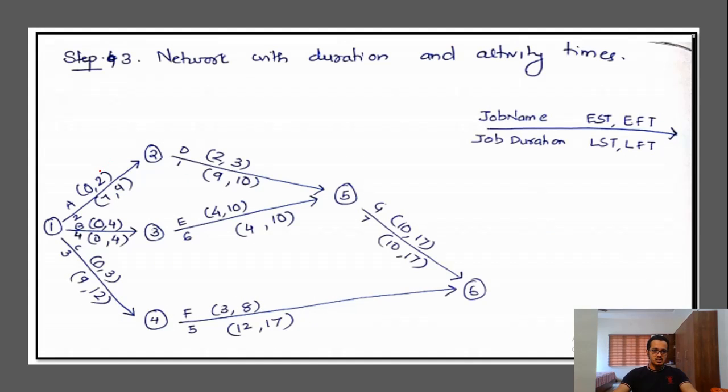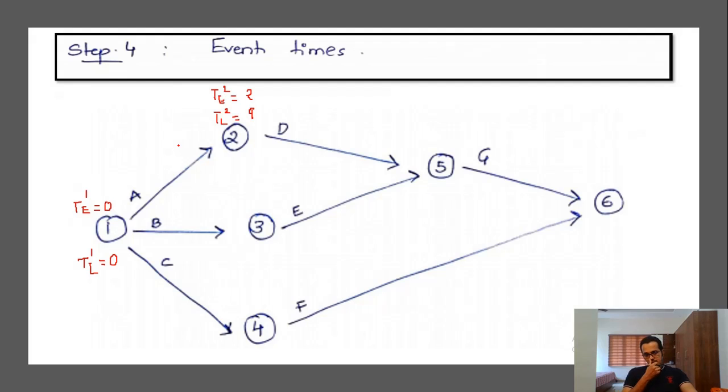Here you can see the 2 and 9, so TE2 is equal to 2 and TL2 is equal to 9. That's what is written over there. And for the third event, TE3 is equal to 4 and TL3 is equal to 4.